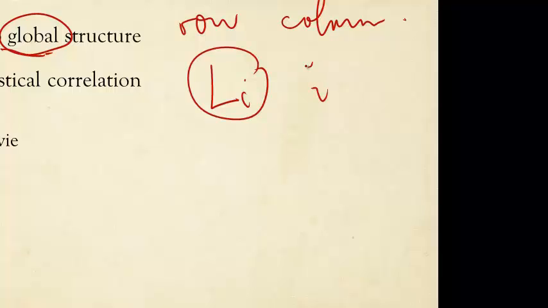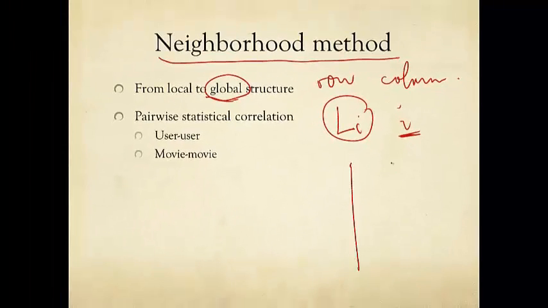We can also look at this from a user point of view, but we'll instead just focus on the movie-movie correlation. So you can think of two columns representing the two movies, and we want to look at how different they are. In other words, define a pairwise statistical correlation between the two movies.